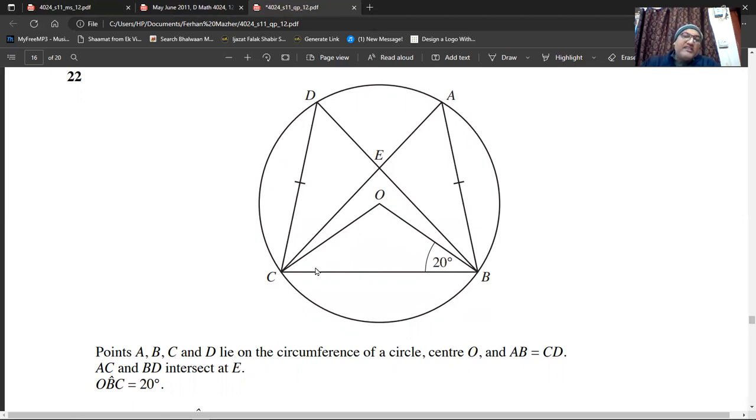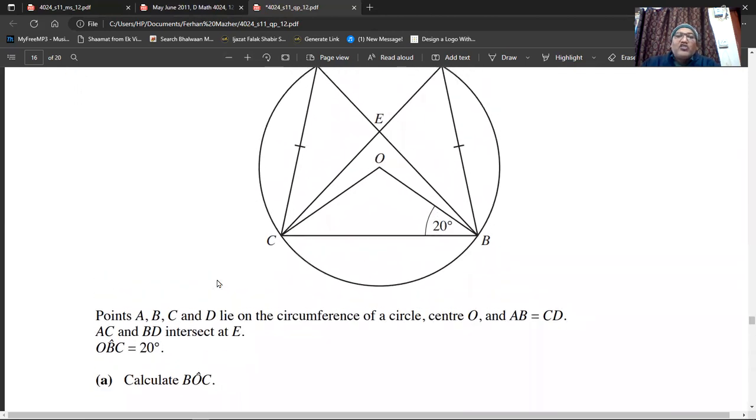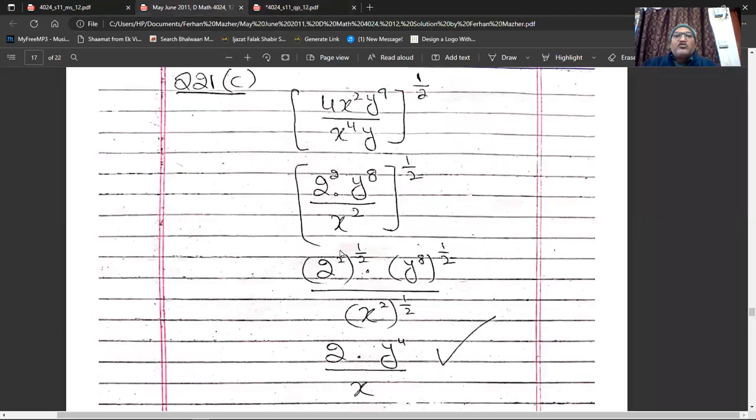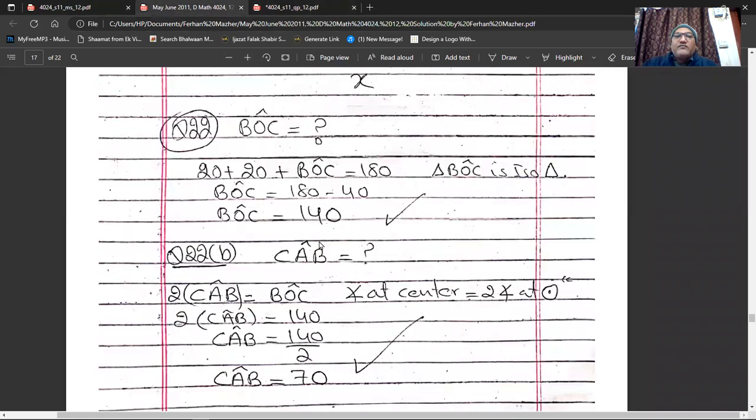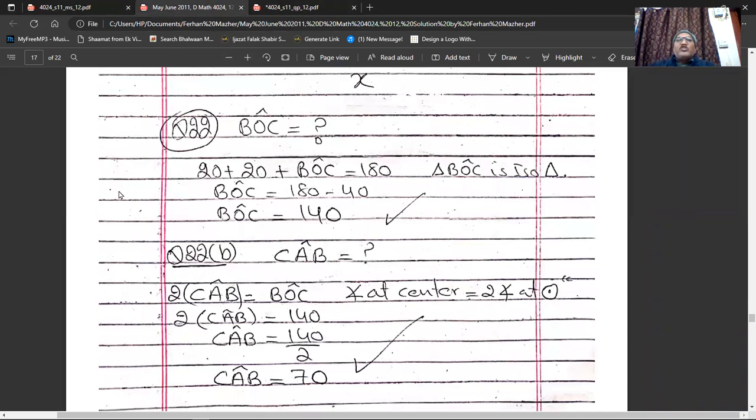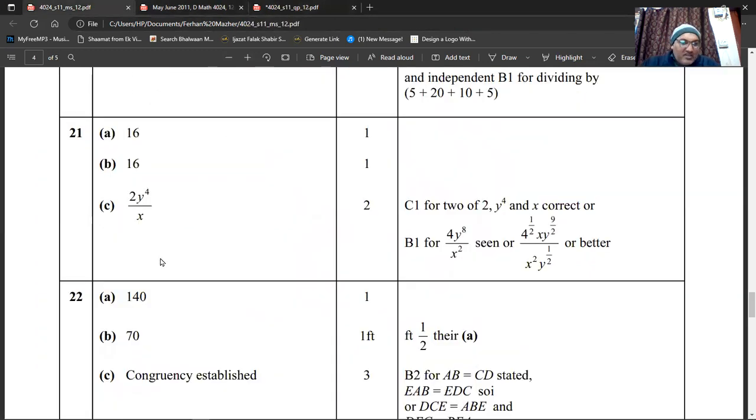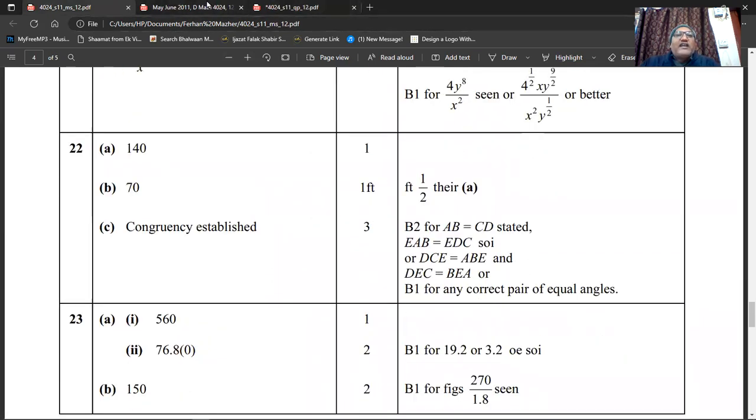So this is 20, this is 20, BOC is the question in the A part. So 20 plus 20 plus BOC equals 180. So the BOC angle will be equal to 180 minus 40. So BOC will be equal to 140. So 140 is the right answer, sir.